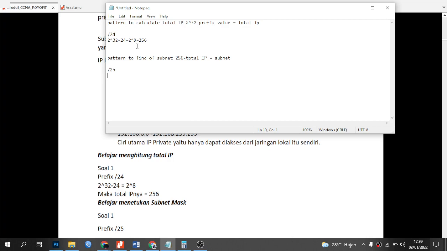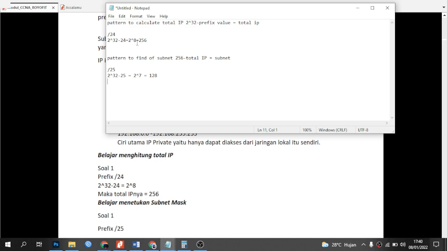First we calculate the total IP: 2 to the power of (32 minus 25) equals 2 to the power of 7, which equals 128.